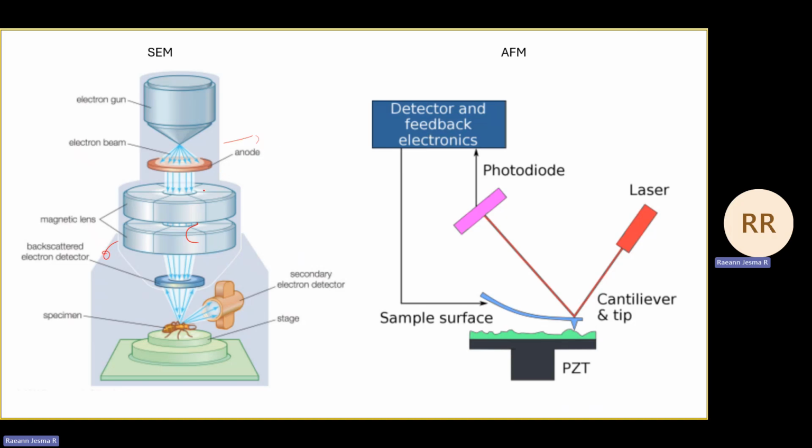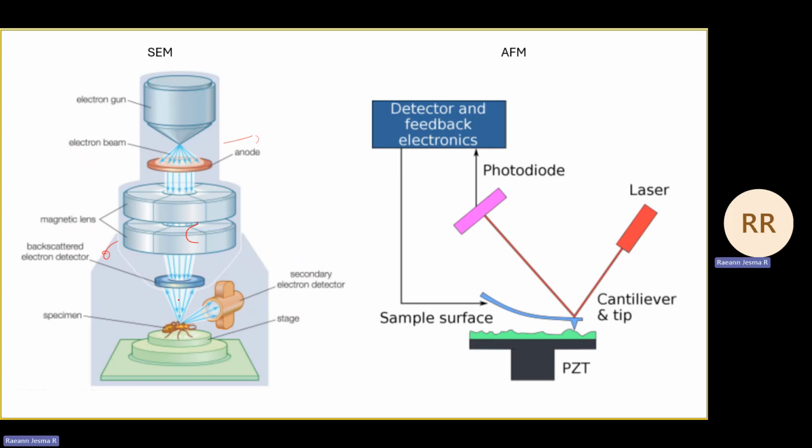And when we focus a beam of electrons on the sample, the electrons can interact with the sample in different ways. The electrons can either get scattered from the sample, or some electrons can be generated from the sample.